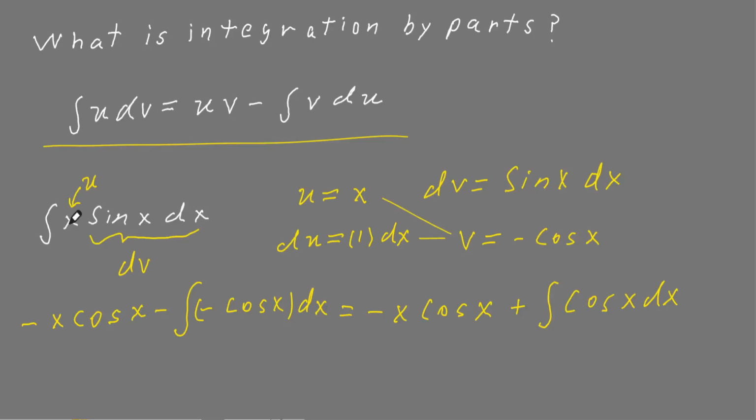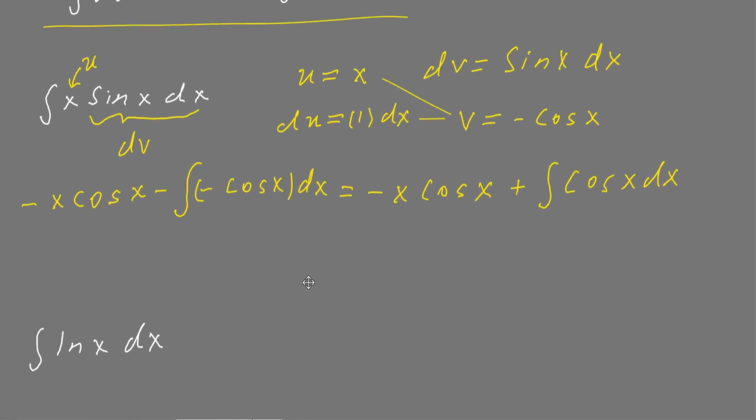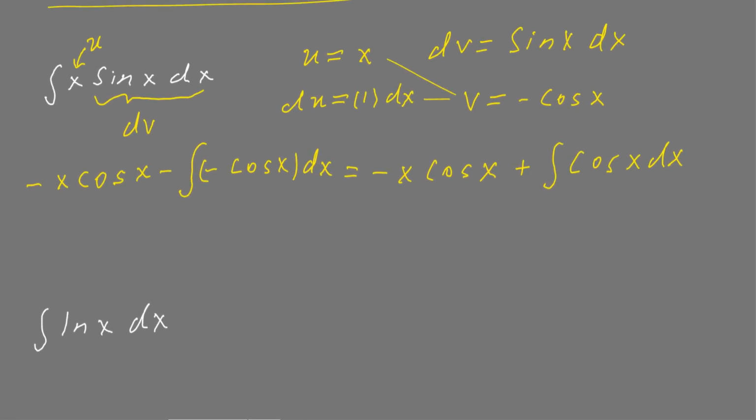So basically you've gotten rid of this x over here. So this is equal to minus x times cosine x. And the integral of cosine x is just sine x, plus a constant.